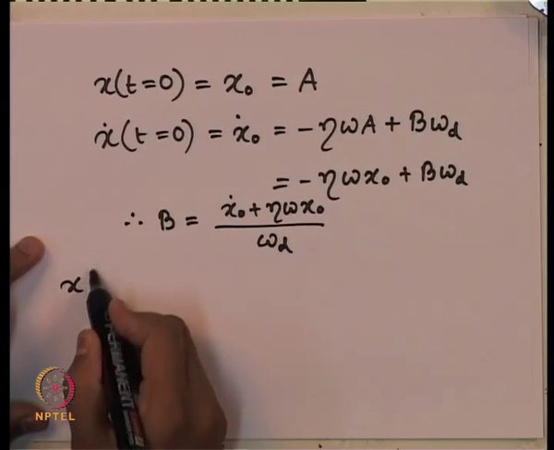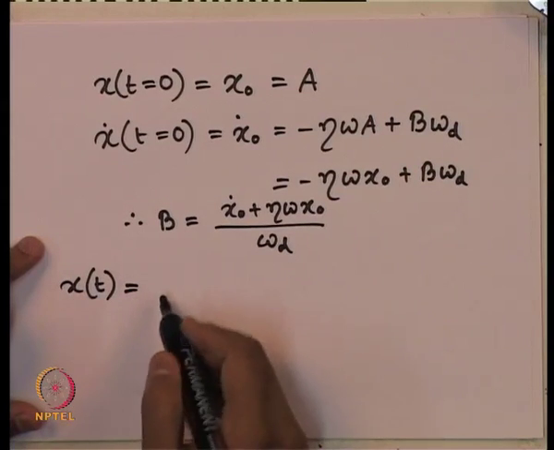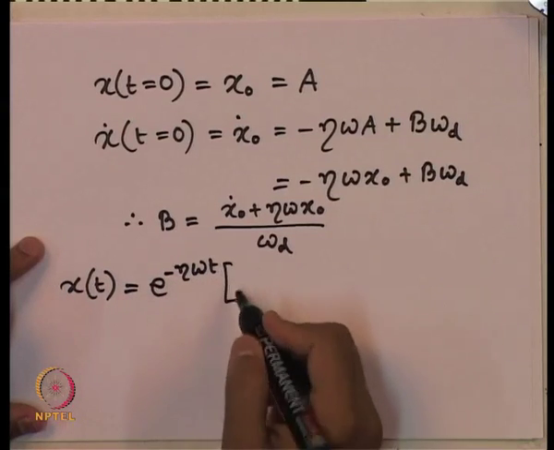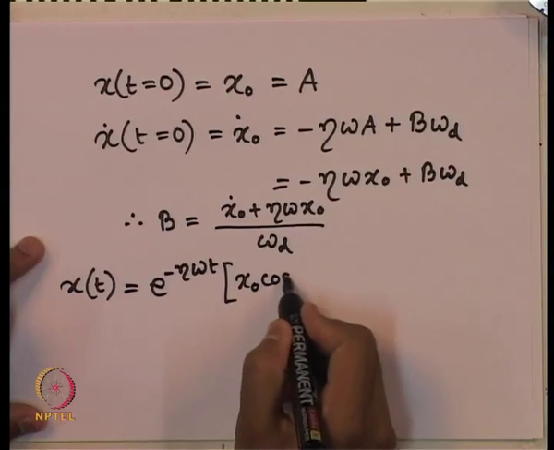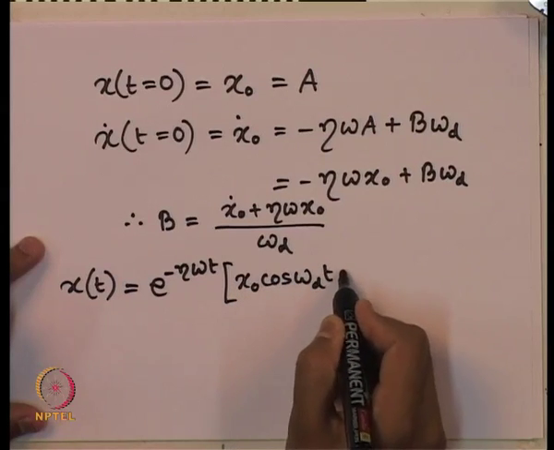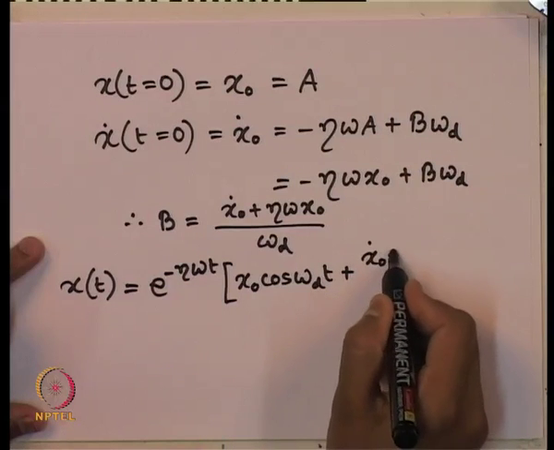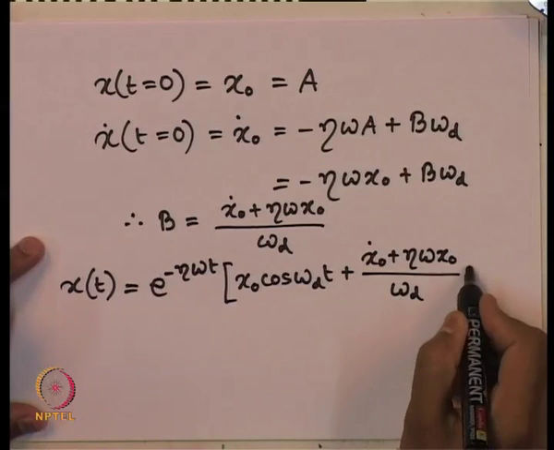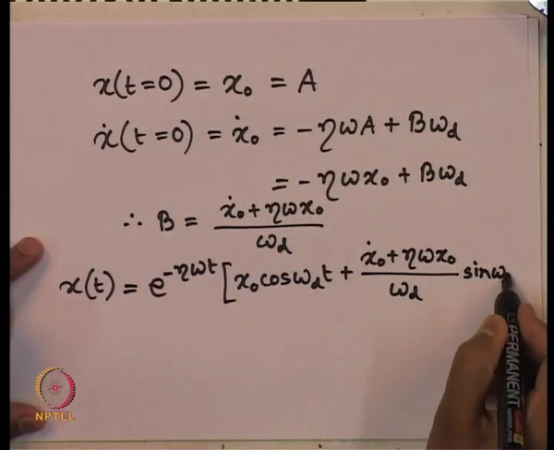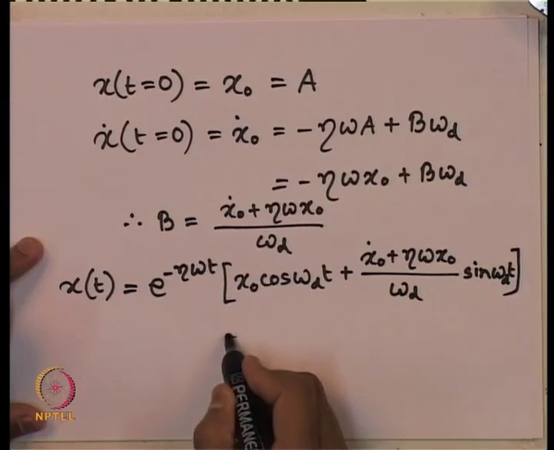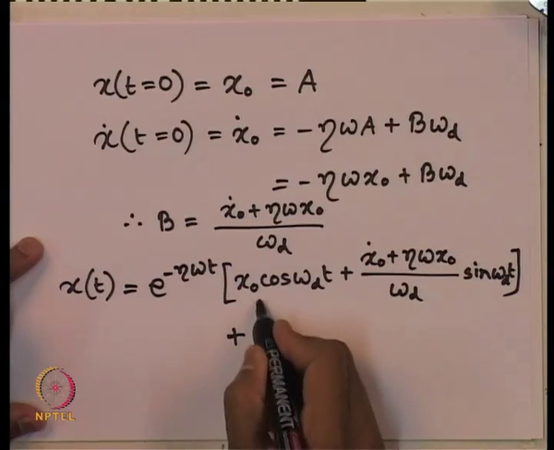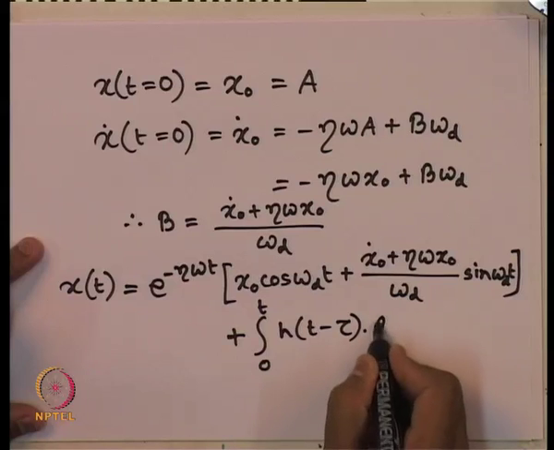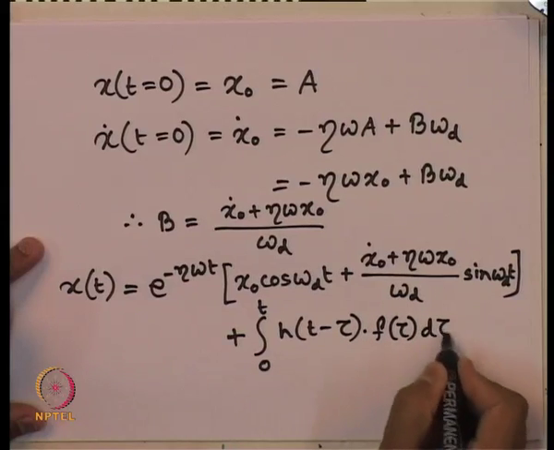Therefore, the complete solution using the initial conditions takes the shape of e to the power minus eta omega t times x naught cosine of omega d t plus x naught dot plus eta omega x naught by omega d sine of omega d t, plus this particular solution, integral 0 to t of h of t minus tau f of tau d tau.